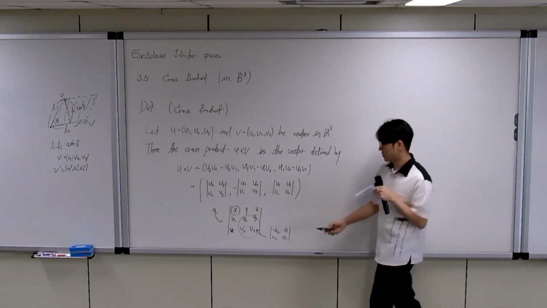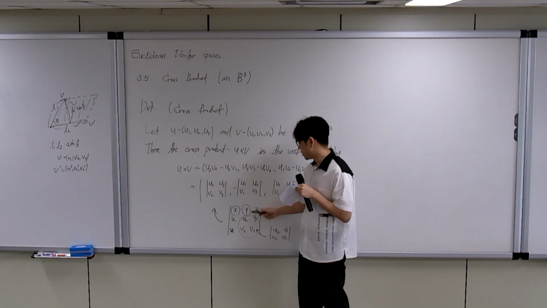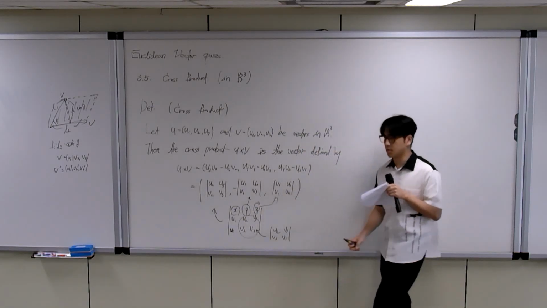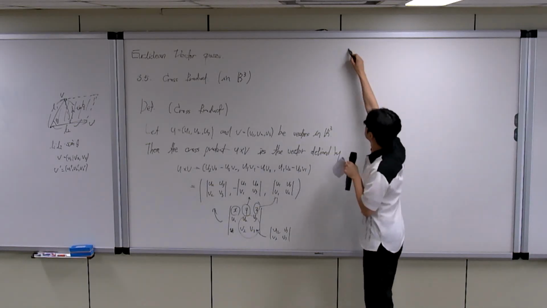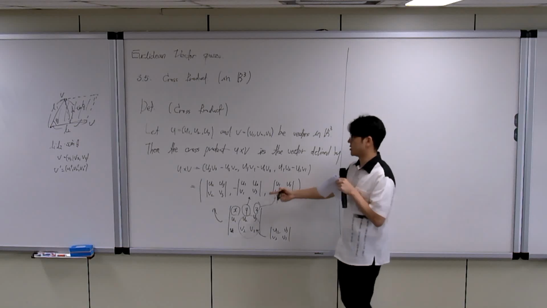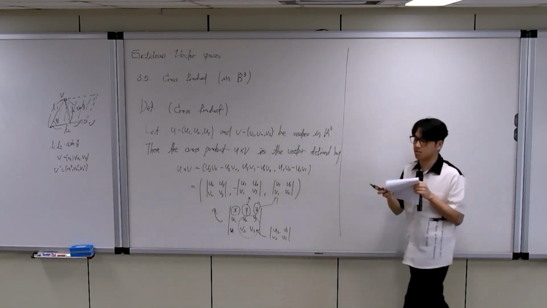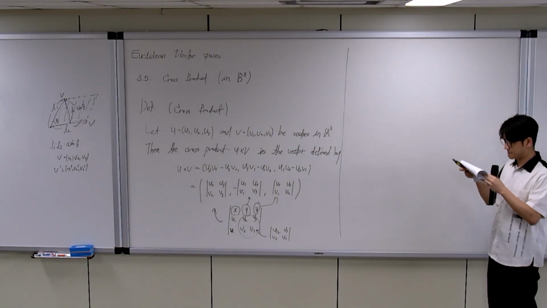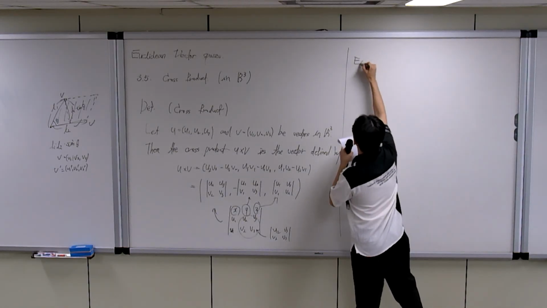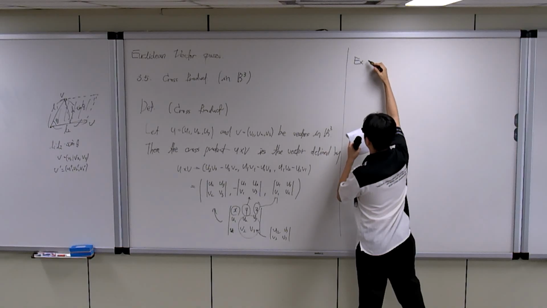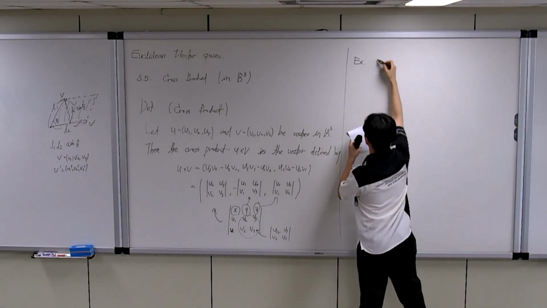In the same sense, by choosing another vector in the 3 by 3 matrix, you will get another component of the cross product vector. So let me give an example to find a cross product.